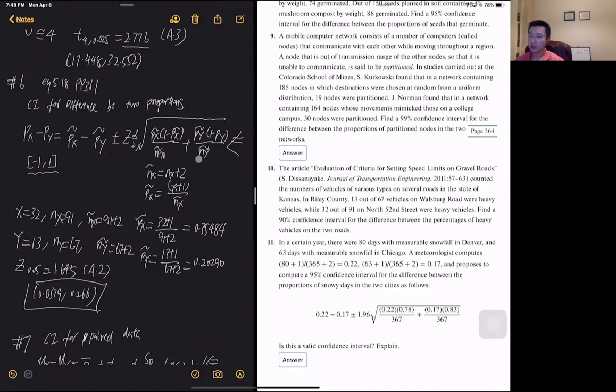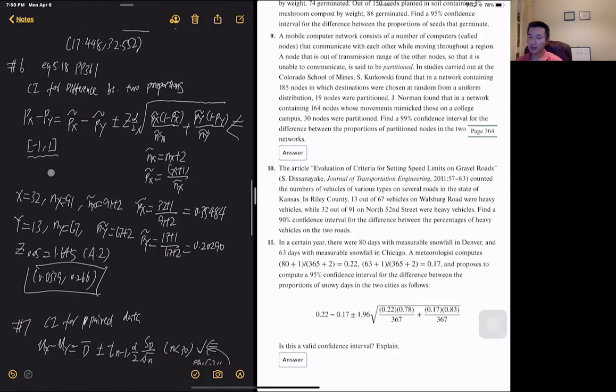Here is the equation: population proportion px minus py is equal to the sample proportion, plus or minus the z value, with modified px and modified nx, where nx is the sample size plus 2, and this is the equation for modified px. The range for the difference between two proportions is from -1 to 1. It cannot be smaller than -1 and cannot be more than 1.